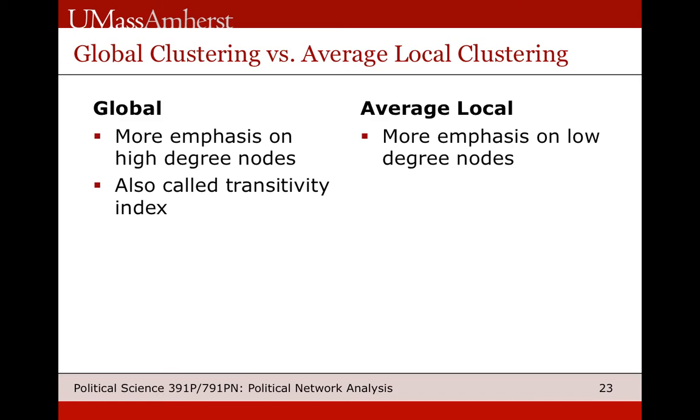The biggest difference between these two measures, because they are not mathematically at all the same measure, is that the transitivity index, or global clustering measure, puts more emphasis on high-degree nodes. So if you have many high-degree nodes, you're really taking those into account because you're counting things multiple times, whereas the average local clustering coefficient will be penalized if you have a lot of low-degree nodes involved.